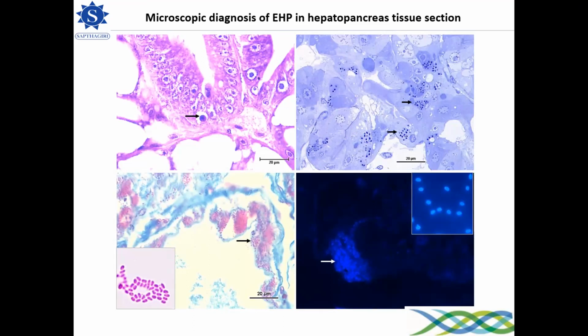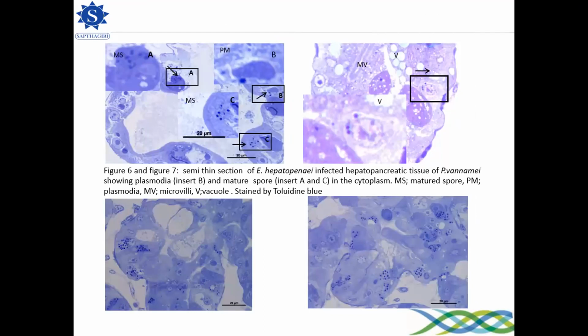The last one is the trichrome staining of the semi-thin section, which is heavily infected with EHP. You can see different life stages of EHP in the same tissue of the hepatopancreas.